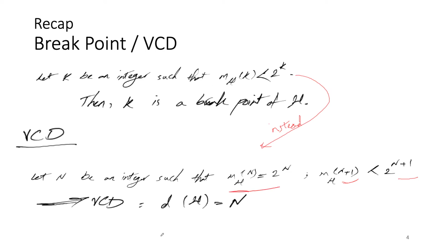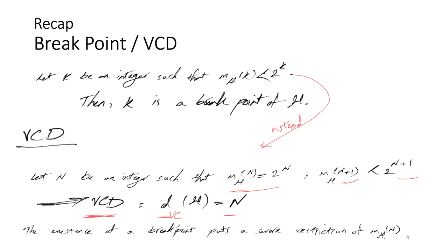Then we can say the VC dimension of our space given our data points is n. And we call this d_VC here.